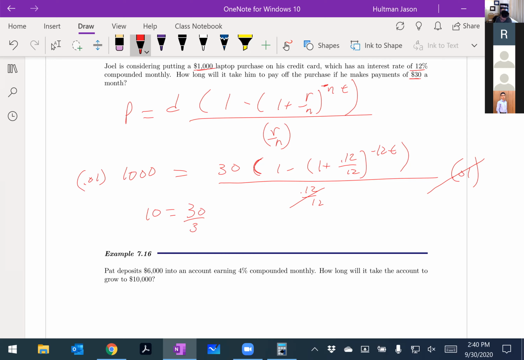I could divide by 30, and so I get 1/3 is equal to just what's in the parentheses here: 1 minus 1.01 to the negative 12t. Okay, so we're getting a little closer here.